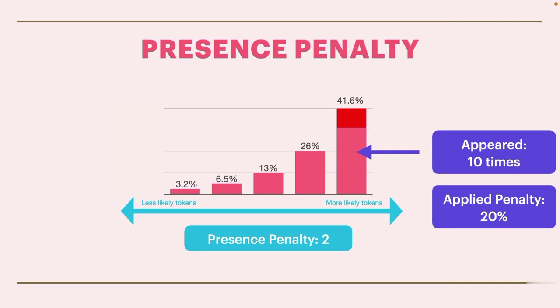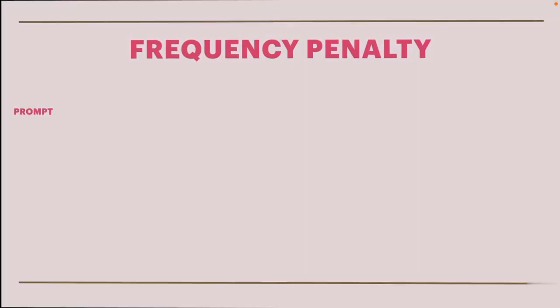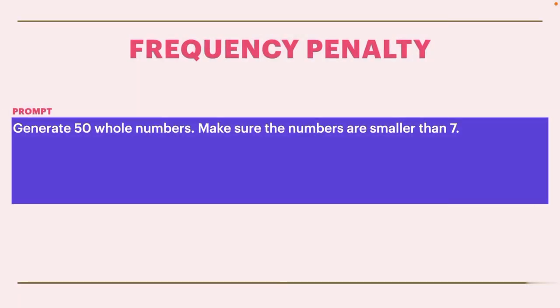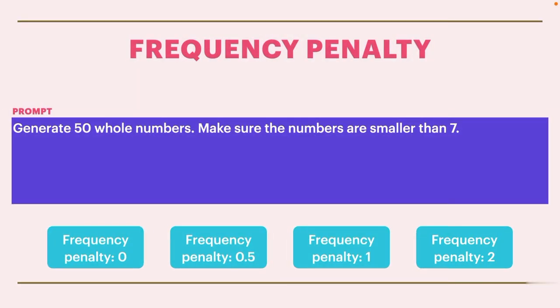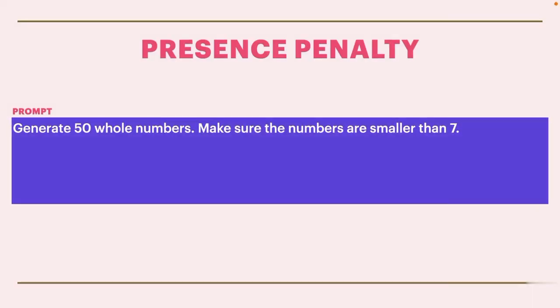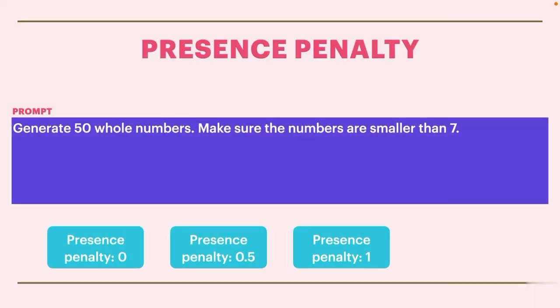Now, to understand these two parameters further, we're going to run the following prompts with different values of the frequency penalty, and then run it with different values of the presence penalty. Just bear in mind that the frequency penalty and the presence penalty can have values between -2 and 2. So setting a positive value will apply a penalty, while setting a negative value will encourage repetition.